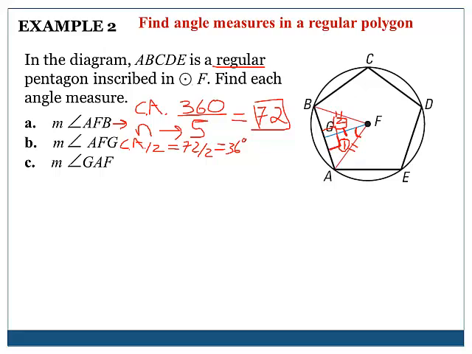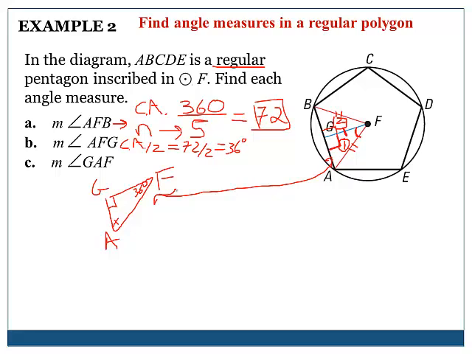What about GAF? I'm going to copy this triangle here. We have a right triangle, and what I figured out is that this is 36 degrees. I figure out that this is 90, and we don't know what this is, that's what GAF is. All I'm doing is taking this triangle here and blowing it up, increasing the size, and focusing in on it.